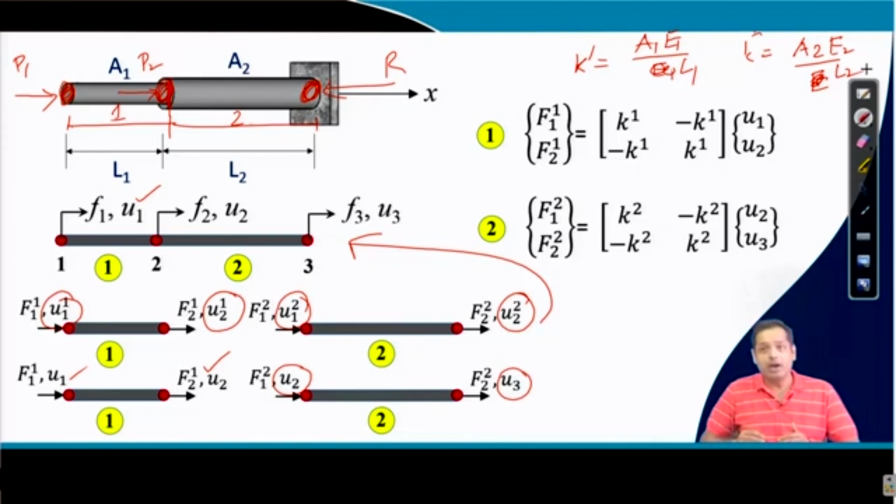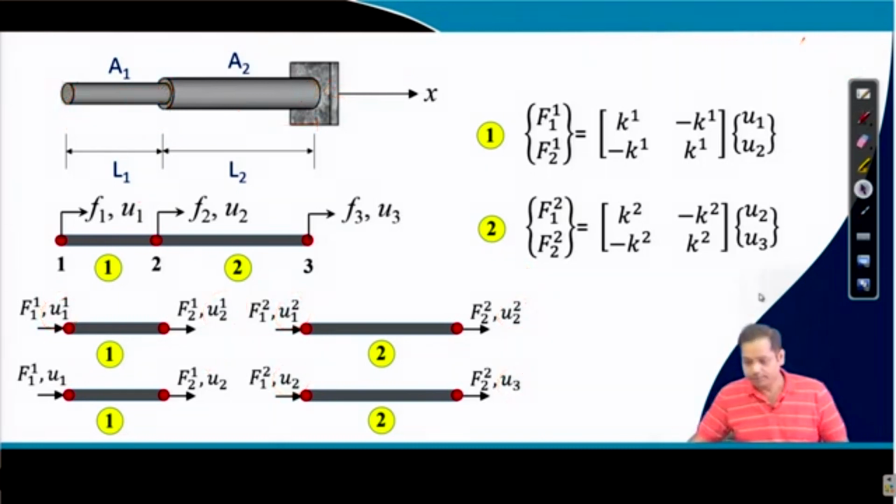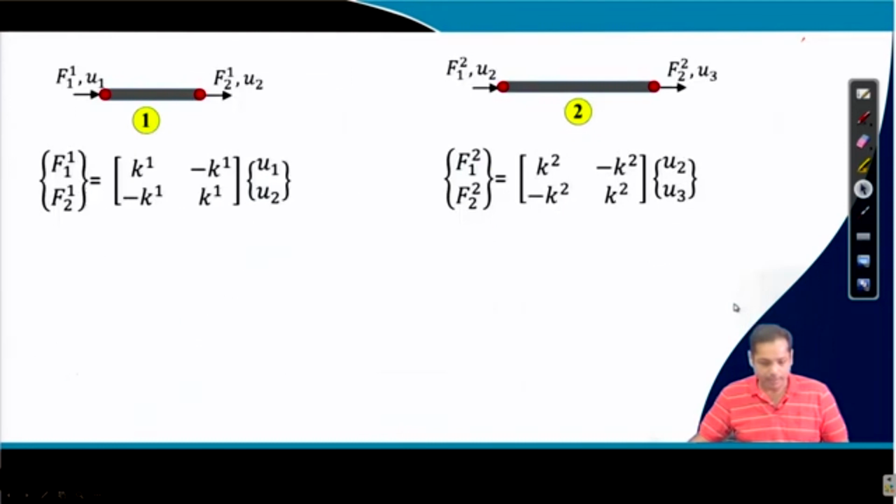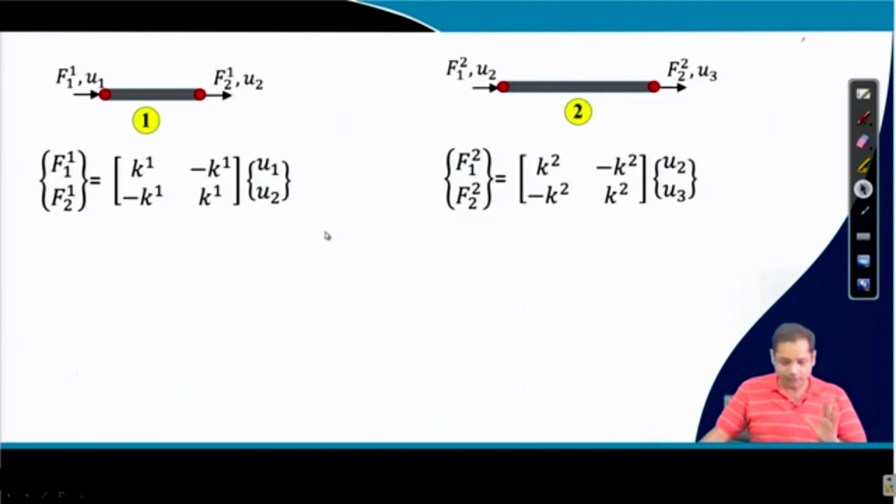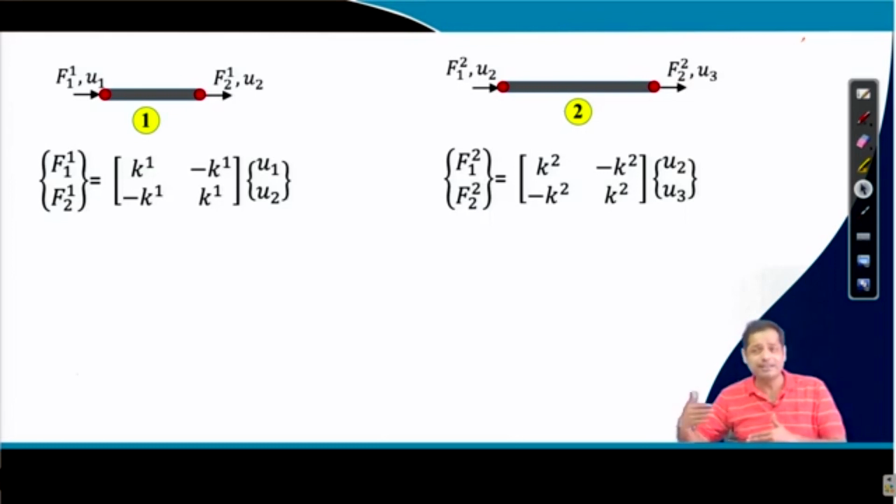Now, once we have these element level equations, we have to combine them. How to combine them? Let us see that. This next step is important. This assembling part, combining the element level information, can be done in another very straightforward way.